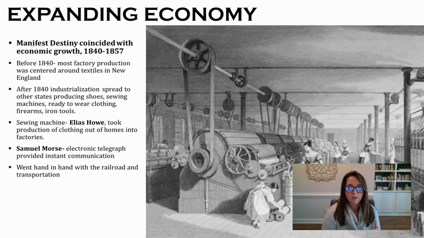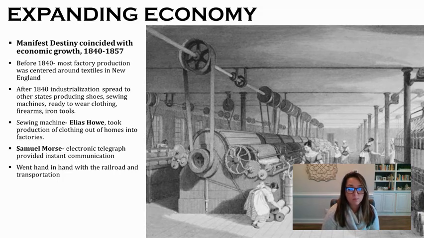So again, we talked about with the market revolution that the farmers provided food for the people in the cities, and the people in cities that worked in factories provided mass-produced goods to be consumed by the farmers. Ready-made clothing, firearms, iron tools. Elias Howe, the production of clothing.